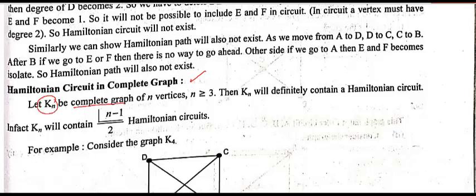Kn is always used as the representation of the complete graph, where n is the number of vertices and n is greater than or equal to 3. So Kn will definitely contain a Hamiltonian circuit. In fact, the number is n minus 1 factorial by 2. This is the result. Correct?